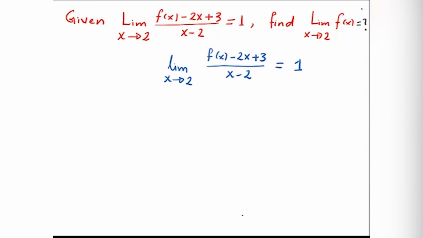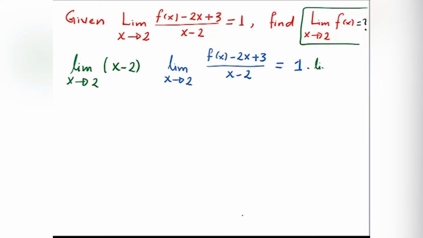And I would like to find the value of the limit of f of x as x goes to 2. Well, then I will need to free the denominator. I'm going to multiply both sides by the limit of the denominator, x minus 2 as x goes to 2, both sides.